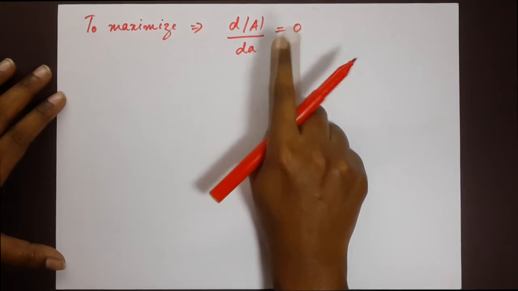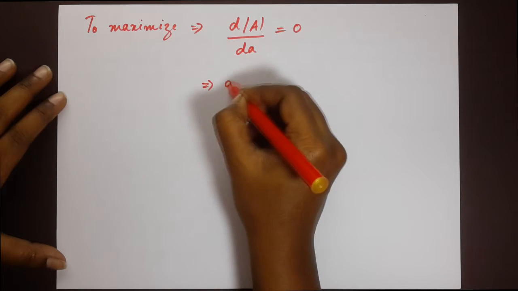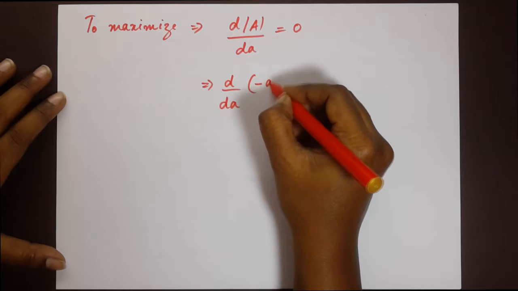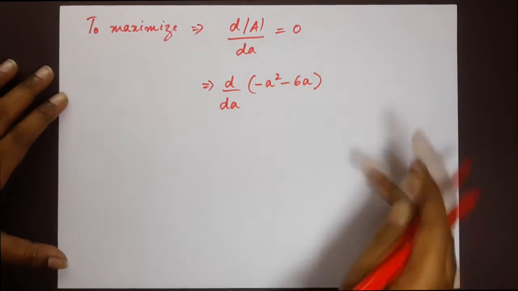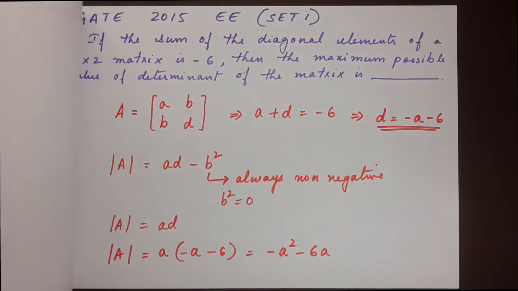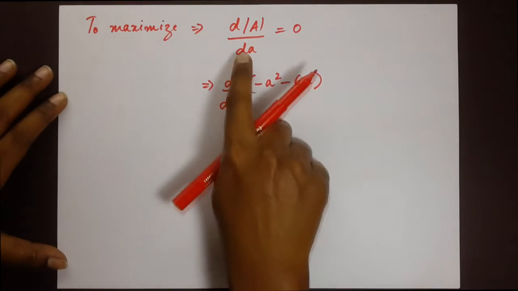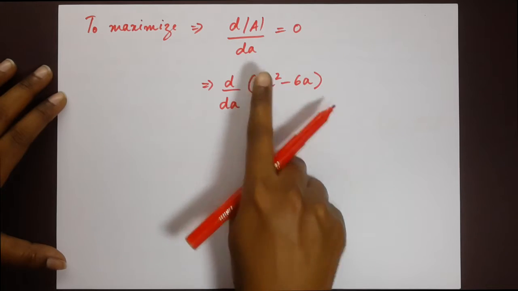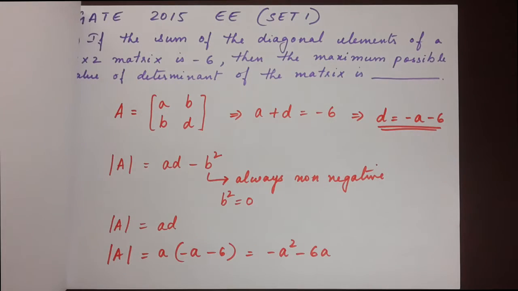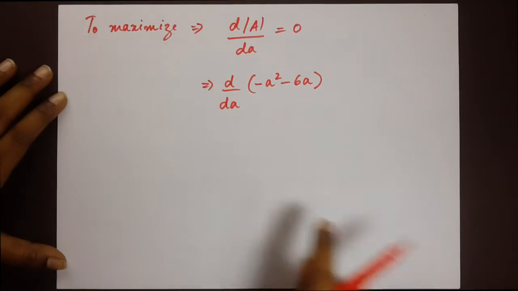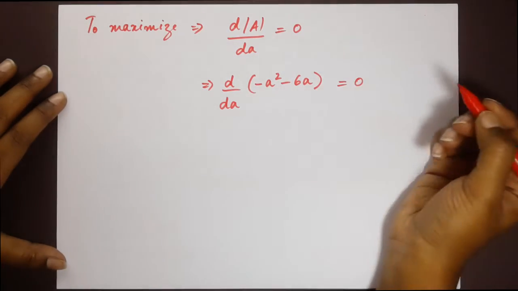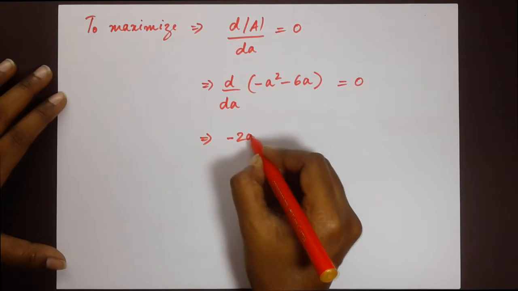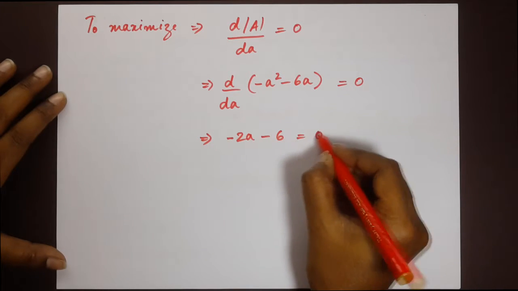This is quite important, which means that d/da of (-a² - 6a). You see the element there, that's a. That's why we have it in terms of a, differentiation in terms of a. So we have det A equal to -a² - 6a. We substitute that here and equate it to 0, which would be -2a - 6 = 0.